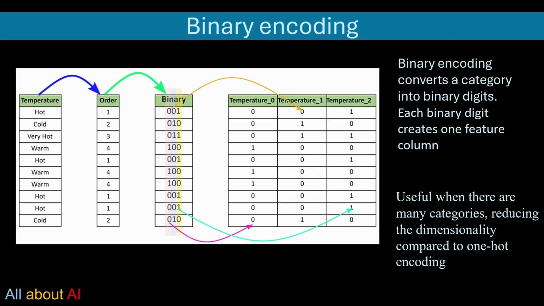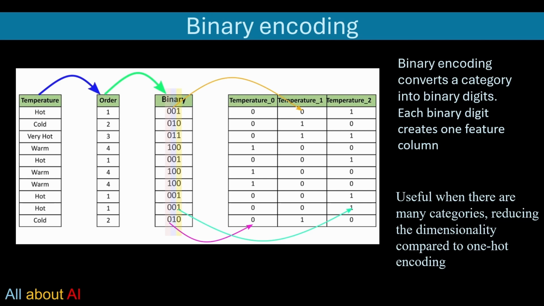Binary encoding. Binary encoding converts a category into binary digits. With each binary digit, it creates one feature column. And it's very useful when there are many categories, but we want to convert them into a relatively smaller number of features. It's usually a much smaller number of new columns compared to one hot encoding. So if you see the temperature variable, it's converted into its equivalent binary form.